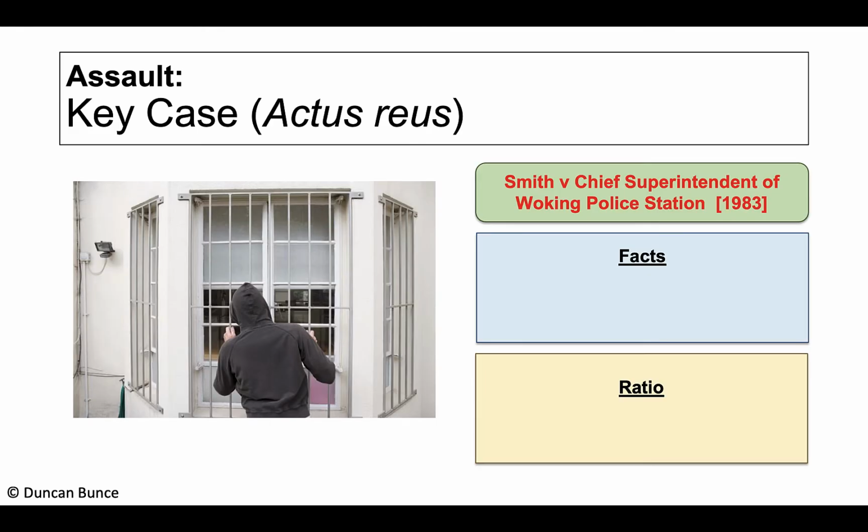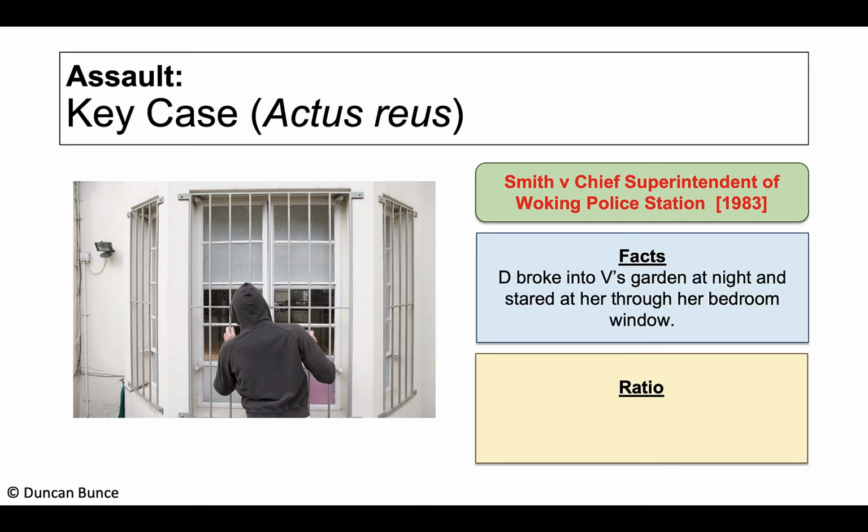Now, the key case we have is Smith and Chief Superintendent of Woking Police Station. The facts: the defendant broke into the victim's garden at night and stared at her through her bedroom window. So from her perception, clearly here is a stranger staring through a bedroom window, and she was fearful of what violence may be put upon her next.